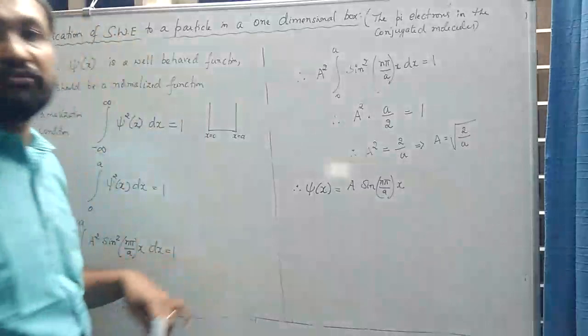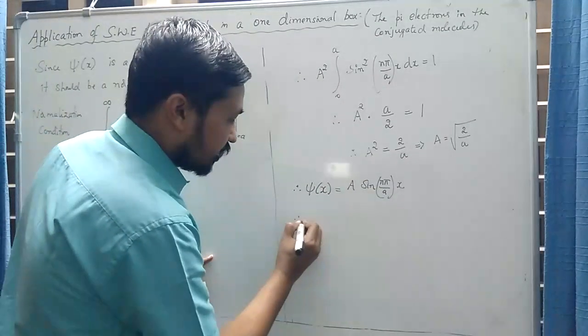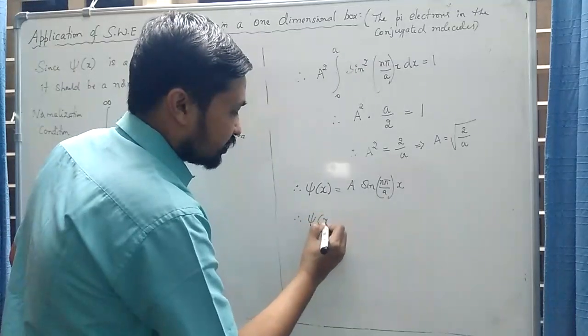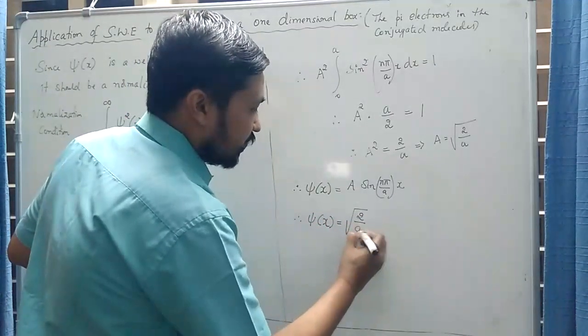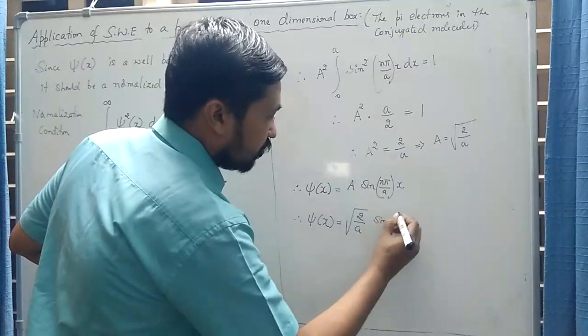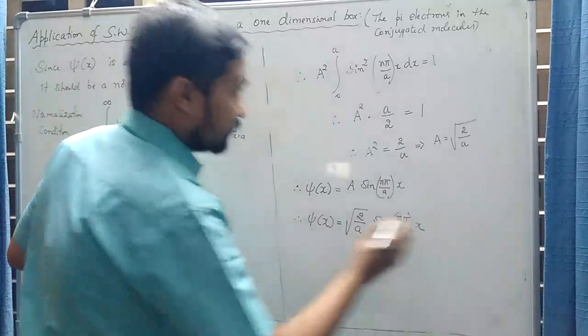So this is the wave function. Now we have found the value of A, so we can write the wave function psi of x is equal to square root of 2 by a into sine of n pi by a into x.